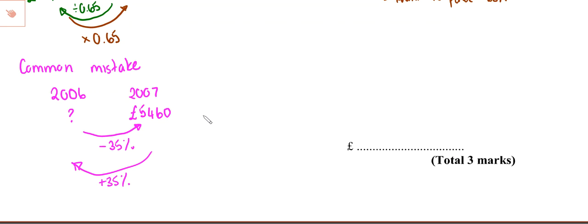So Alistair said, let's find 35% of 5,460. So how do we do that? It's 0.35 times 5,460, and then add it on, right?